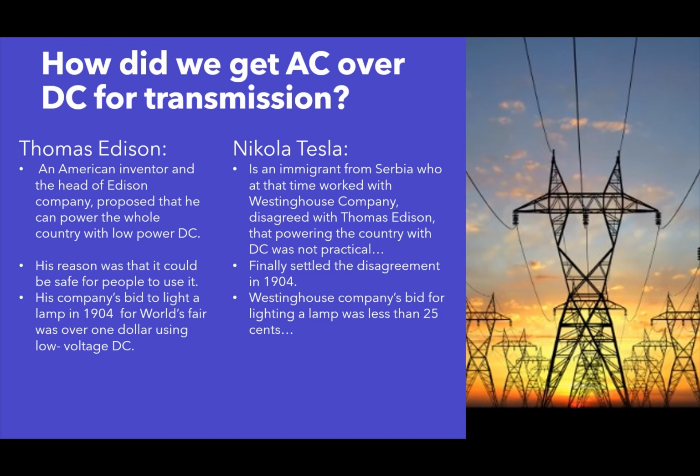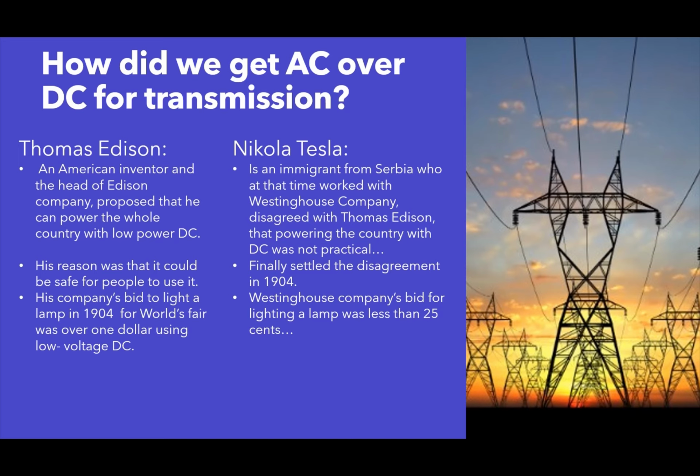While on the other hand, Nikola Tesla is an immigrant from Serbia who at that time worked with the Westinghouse company. Just to remind you, he did work for Thomas Edison, but they did not agree on something, so he left the job or was fired. I don't know the history of that, it's a different story. But at one time he did work with Thomas Edison's company.